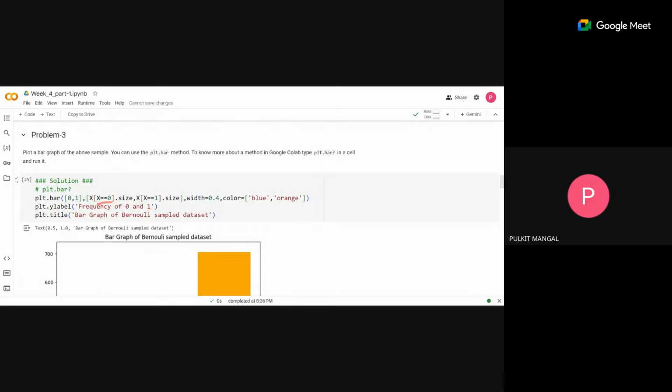This is similar to list indexing, but instead of giving the number, you can give a condition on which you want to index. So I have given the condition that I want all the elements from X where X is 0. And then I used this dot size, which will give me the length of this array.